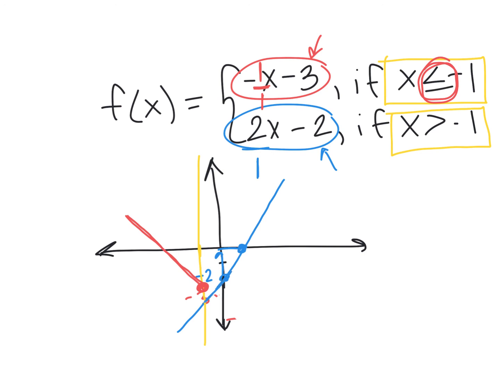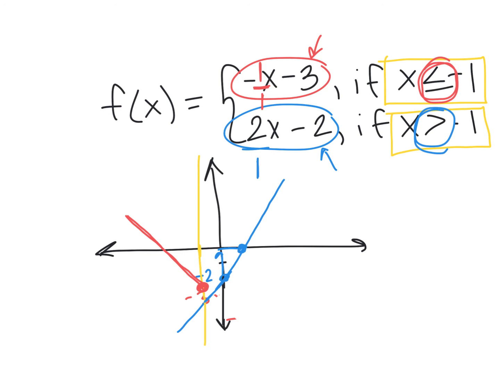Okay, now let's address our blue line. So the blue line is only valid where x is greater than negative 1. The greater than negative 1 is the other side of our yellow line. So this is the part where you only have the blue line. Everything that's to the left of the yellow should not have anything in blue.